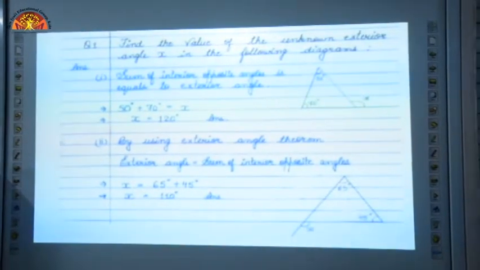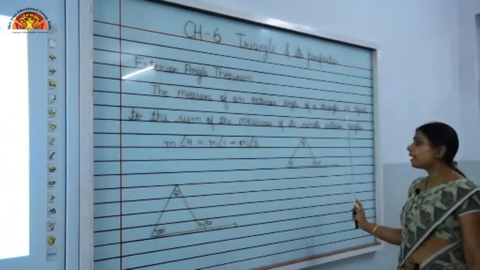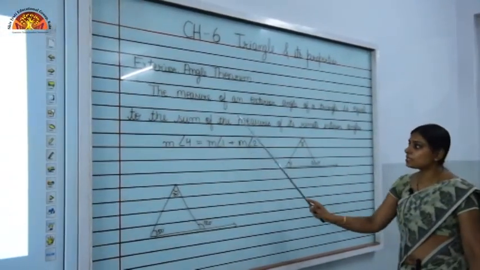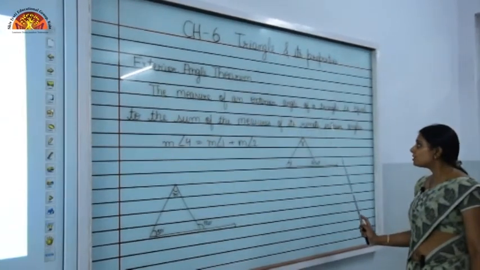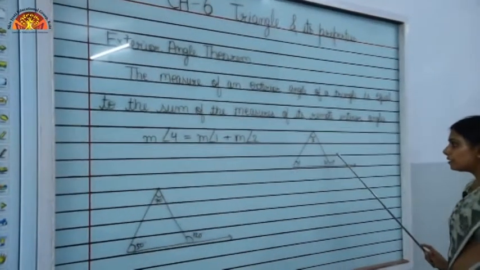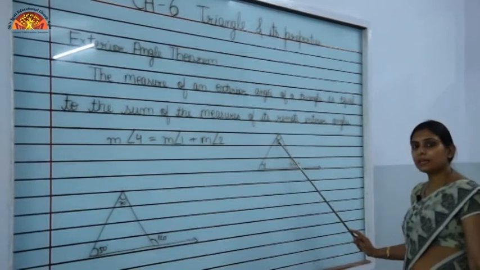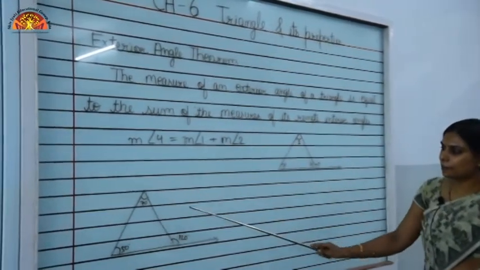Now just see children, exterior angle theorem. The measure of an exterior angle of a triangle is equal to the sum of the measures of its remote interior angles. As per the figure over here, angle 4 is equals to angle 1 plus angle 2. See the example.